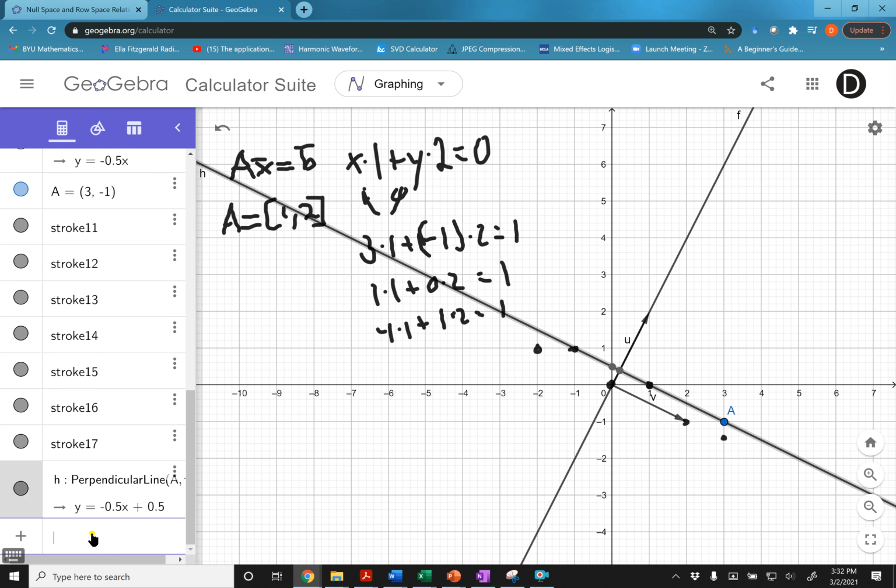And they are. And that line is perpendicular to the row space. Also, if you didn't notice, the null space vector was perpendicular to our row space.